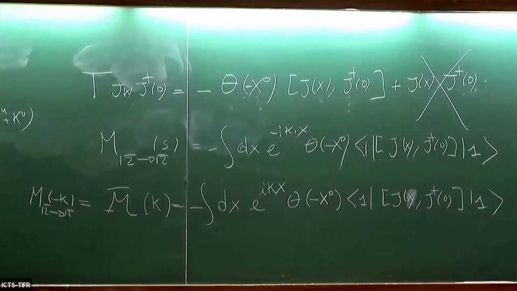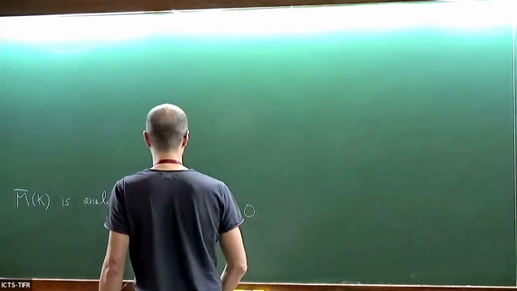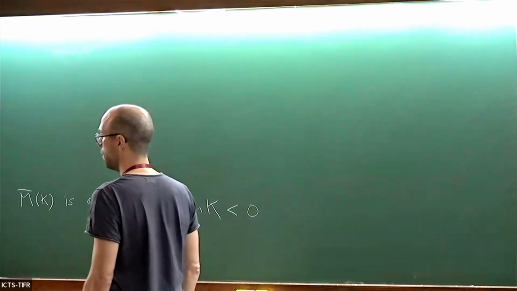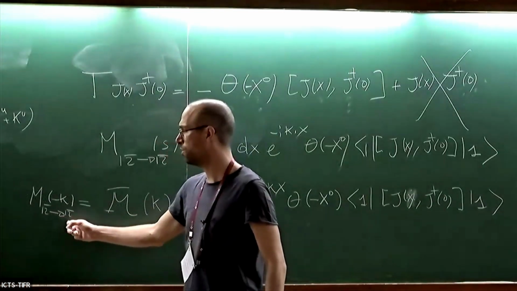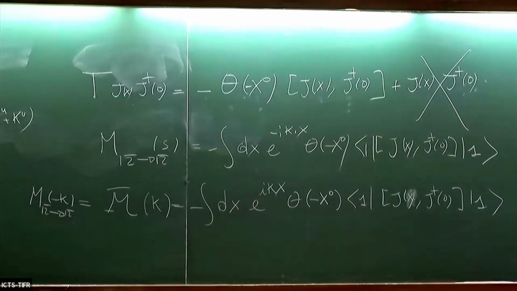So this is telling you that m bar of k is analytic for imaginary part of k negative. Moreover, by definition, it corresponds to the crossed process when I go on the real axis, but on the negative side, basically.